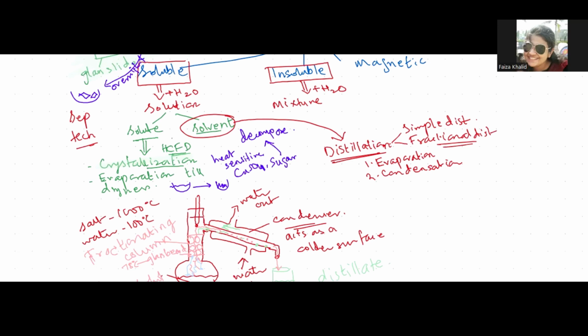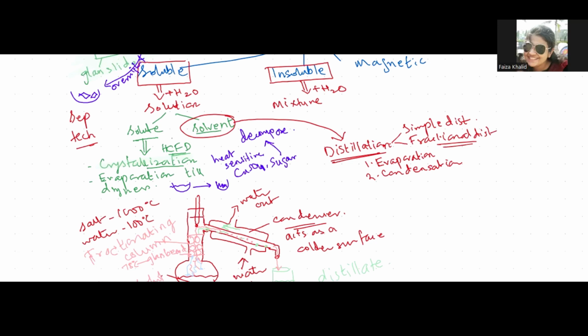Distillation can be done in two ways, simple and fractional distillation, depending on the boiling point. If the boiling points are closer, you do fractional distillation. If the boiling points are far away from each other, you do simple distillation. There are two steps in which distillation happens. First is evaporation, and second is condensation.